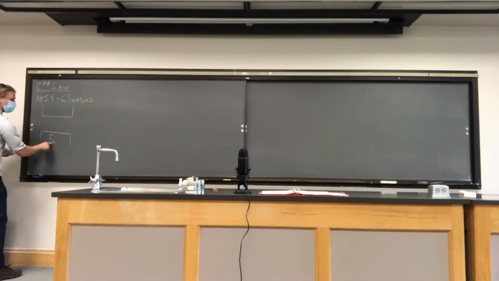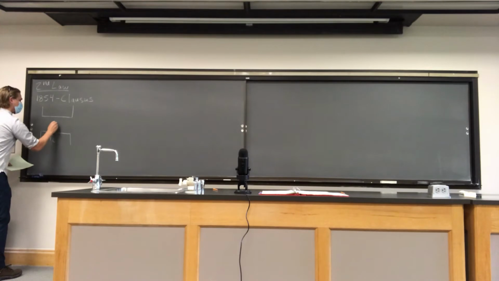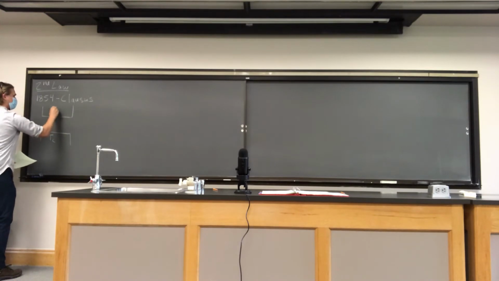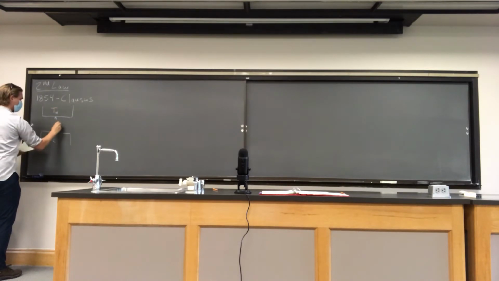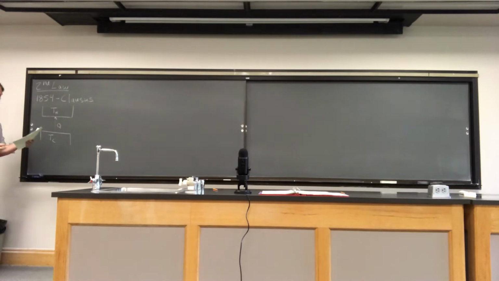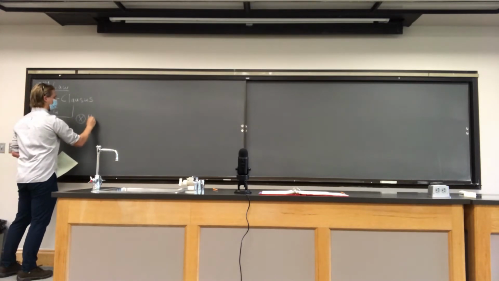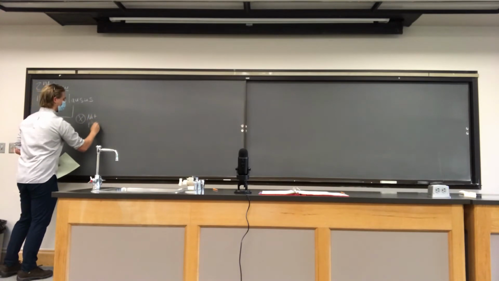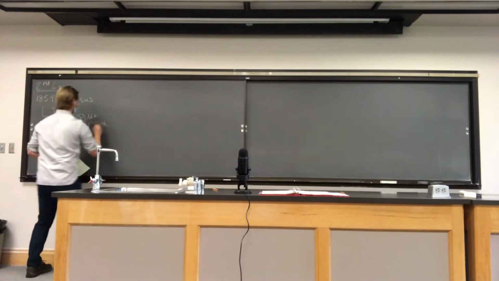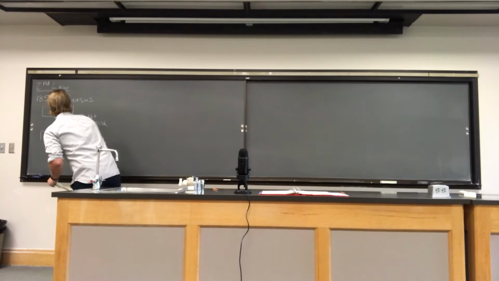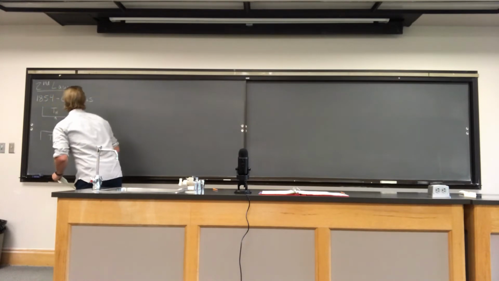So if Tc is the cold temperature, Th is a hot temperature, this would be heat being transferred. This is not possible. And just to be clear, in this case, Th is greater than Tc.